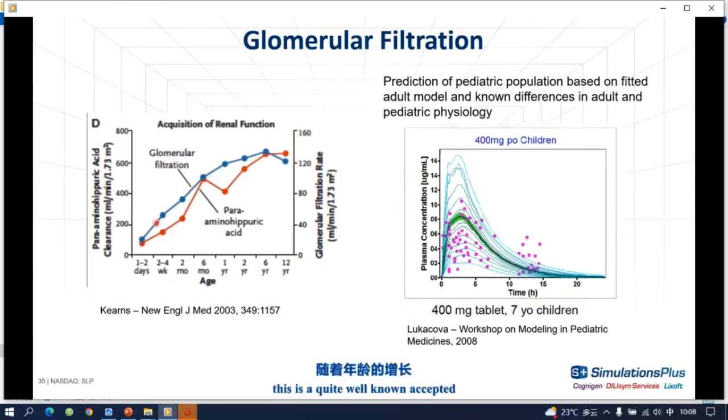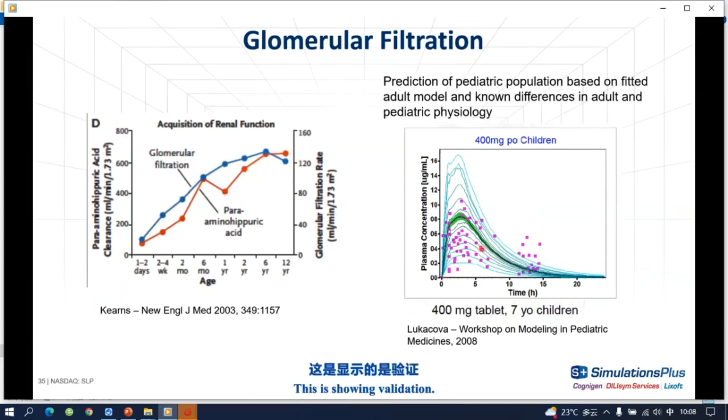And this is a quite well-known, accepted change in the GFR with age, especially for the older children. We'll be talking a little bit more about the infants. The situation is not quite as simple as this picture would have you think, but we'll discuss that on the next slide. But for the older children, after a few weeks, it is fairly straightforward.